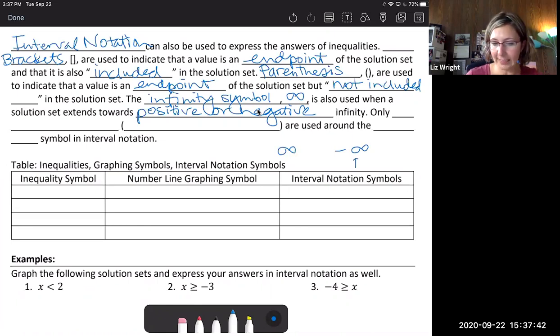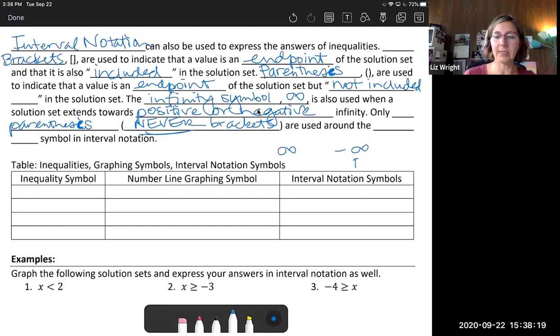Only parentheses, never brackets. Never ever do we put brackets around infinity symbols.